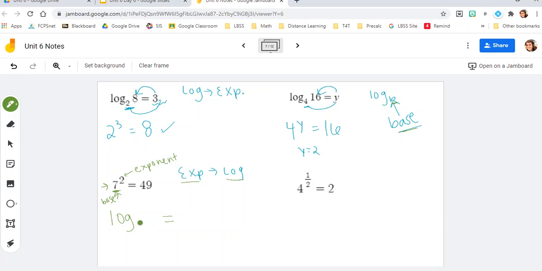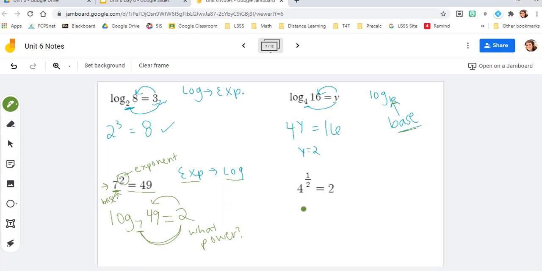So this base is the same base for the logarithm. So the base here is 7, so the base of the log is 7. And then if I think of the snail method, it says 7 raised to what power? Power is like exponent. I see here my exponent is 2. So 7 raised to the second power equals 49. So 49 would go right here.